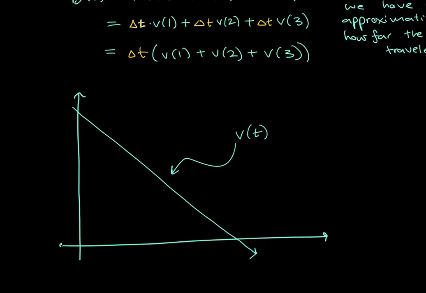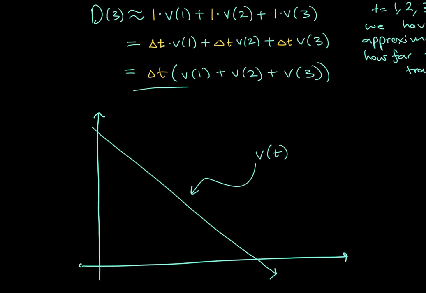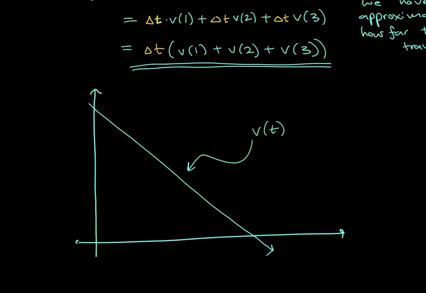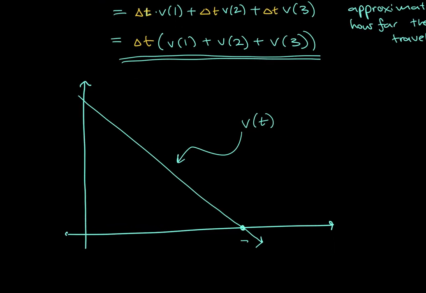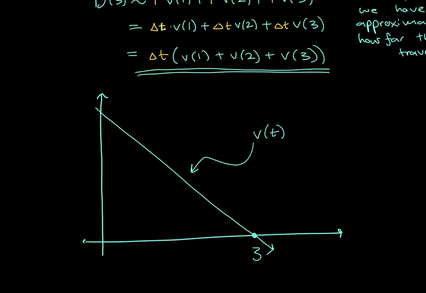And what we just computed to figure out the distance traveled, notice what this is, this is 3 seconds, of course. And we divided this up into 3 pieces. We calculated v of 1, so this would be v of 1. We calculated v of 2, and then multiplied these guys by this length right here.